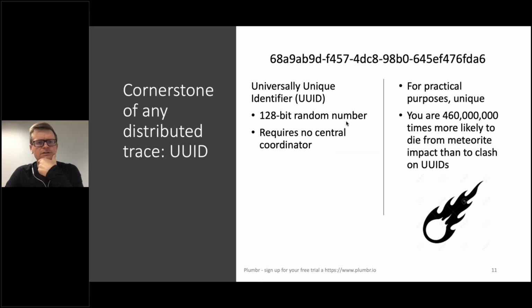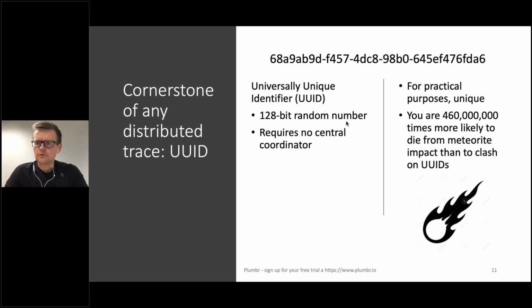The cornerstone of any distributed tracing solution is based on what is called a universally unique identifier. This is effectively a random number, generating which requires no central coordination. If you remember, our system was distributed, and in such a distributed system, it's hard to have a central random number generator to be used in such occurrences.